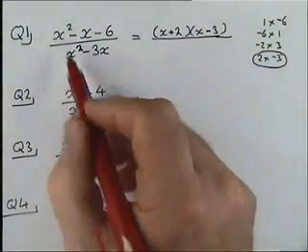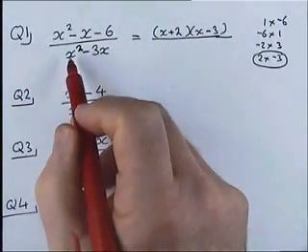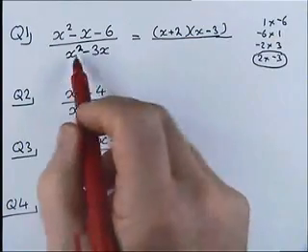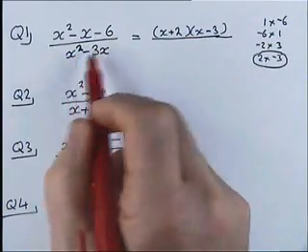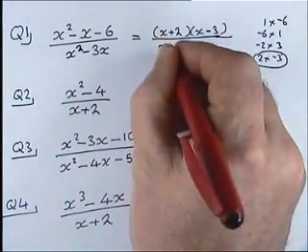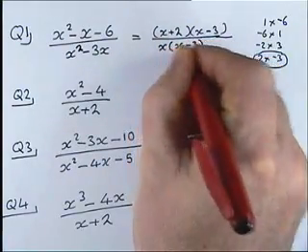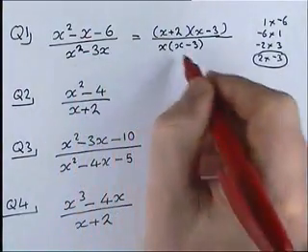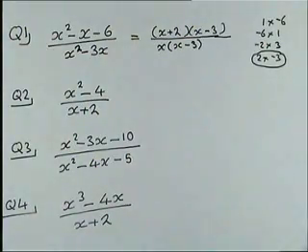Whenever you get a question, regardless of what it looks like, even if it looks like a quadratic, you should always ask yourself, is there a common factor first in both the terms? Now, there is a common factor in both of these terms. It's the number x. So we can factor out an x, and that leaves us x minus 3, because x lots of x minus 3 is x squared, because x times x is x squared, and x times negative 3 is negative 3x.